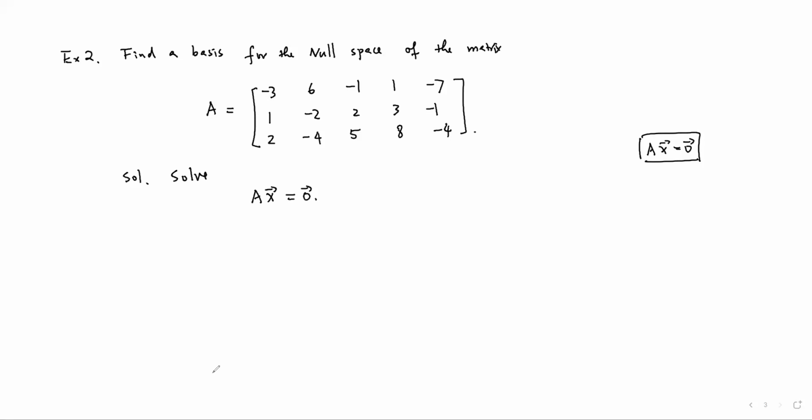How to solve the linear system? Augmented matrix: the coefficient matrix together with the right side. Right side is 0.